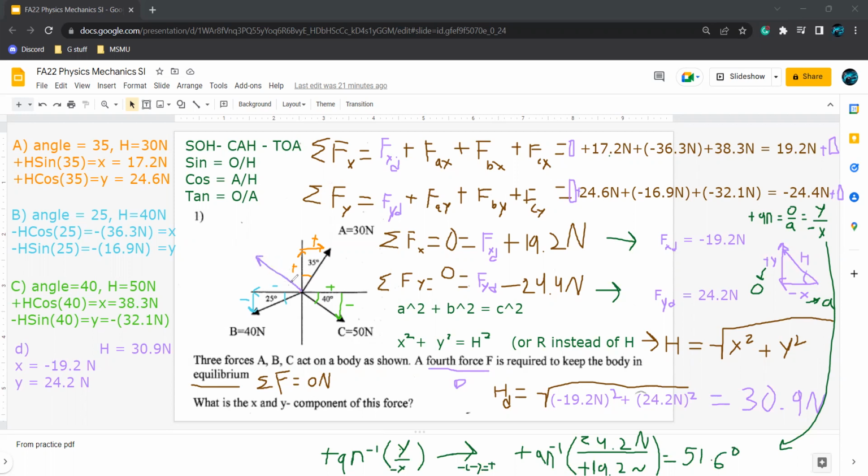I know that's a little big. This is your angle right here because you have positive y right here, and negative x over here. Oh, we can put 52 degrees. It's about the same.